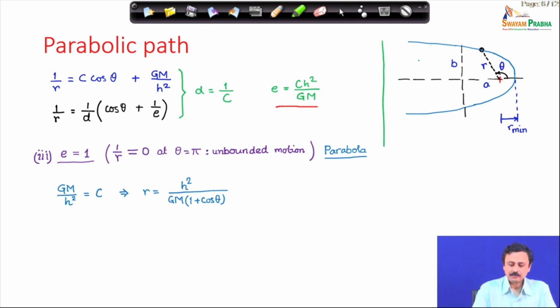That we obtain by eliminating C in the kinematic solution. What is r min? We obtain r min when theta equals 0. Just put theta equal to 0 and that gives r min, which is h square by 2 times G M.